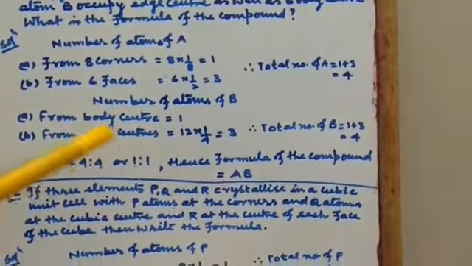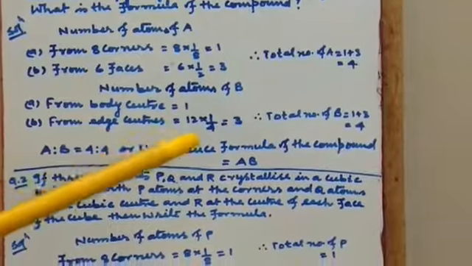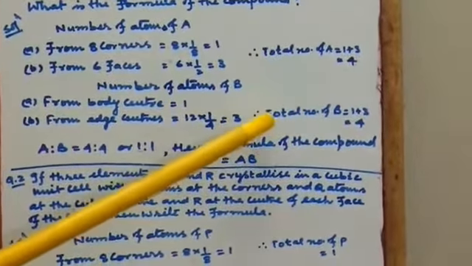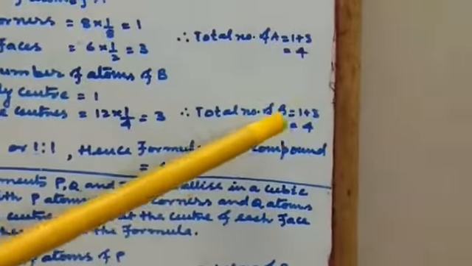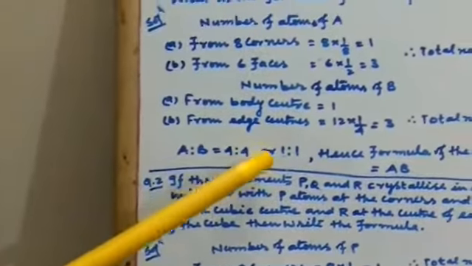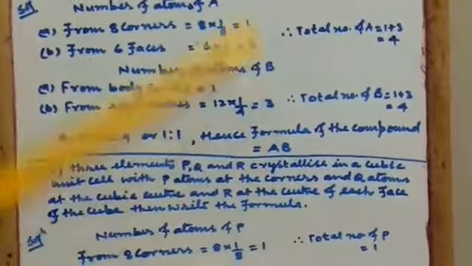In a cube there are 12 edges and the contribution is 1 by 4. Therefore total number of B equal to 1 plus 3 equal to 4. A is to B equal to 4 is to 4 or 1 is to 1. Hence the formula of the compound is AB.